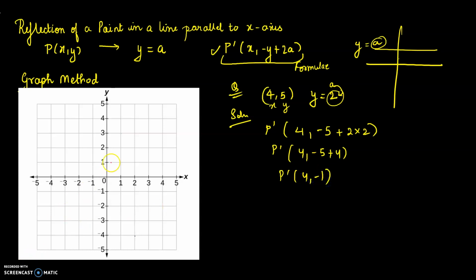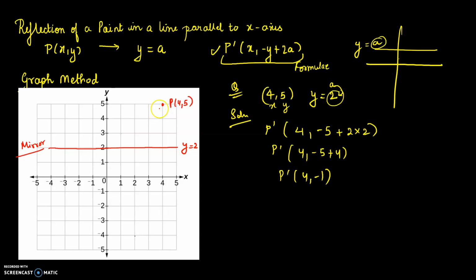Let's try this out with the graph method. The coordinate is P(4, 5). And the line that is given is y = 2. So this is the line y = 2. We have to assume this as the mirror.